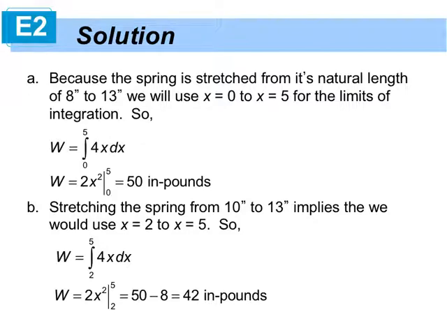Really all I did is stretch the spring 5. That's the first part of the problem, because I went from 8 to 13. The second part says, oh wait a second, the spring is already stretched a little bit down here to 10. And now what kind of force is going to take it down to 13? So that distance is going from 2 down to 5. Okay?